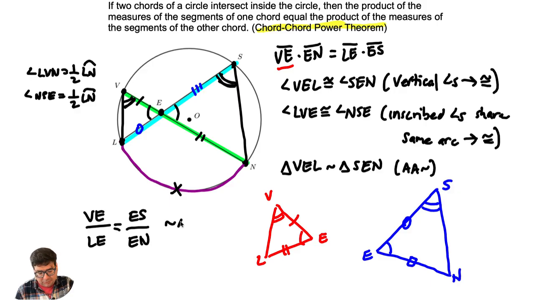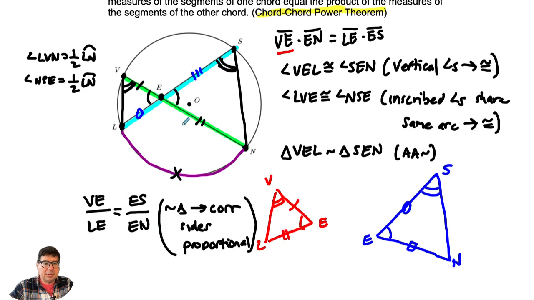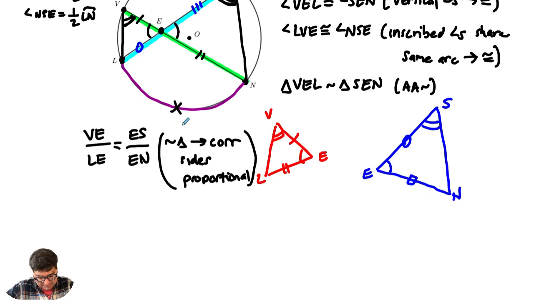Again, when you have similar triangles, the corresponding sides are proportional. That's the reasoning right there. Finally, we can rearrange this to get what we want, which is up here. Here we can say that this product, VE times EN, is equal to this product, LE times ES.